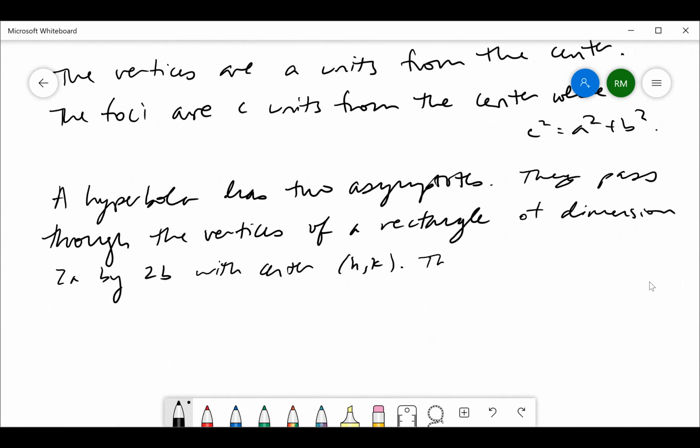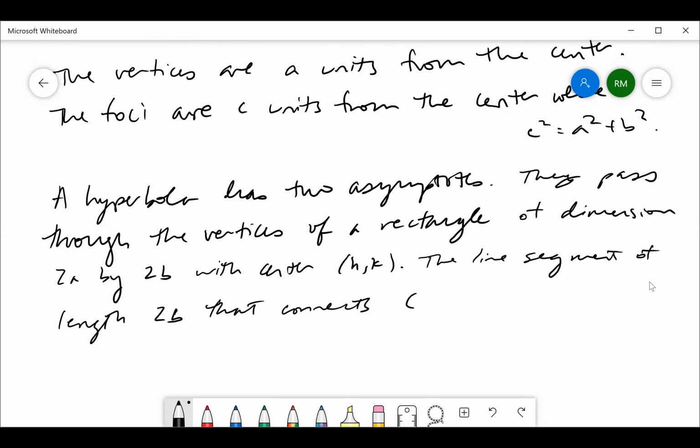The line segment of length 2b that connects the point (h, k plus b) to (h, k minus b) is referred to as the conjugate axis.